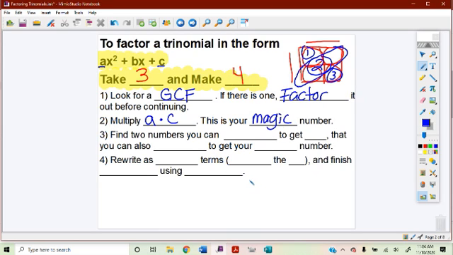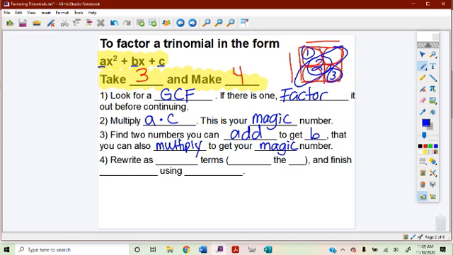Then you're going to figure out what 2 numbers you could add to get B, that's your middle term, that you could also multiply to get your magic number. Solving one of these with take 3, make 4 is kind of like a puzzle. So if you're like, none of this stuff makes sense, what in the world is she talking about? Just wait and we'll do some of it and then you'll kind of get the hang of how it works.